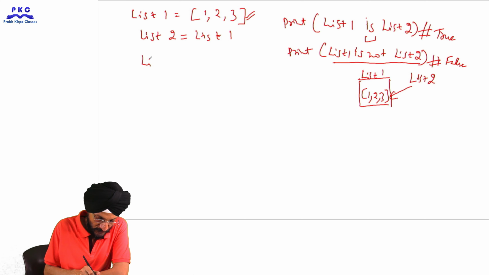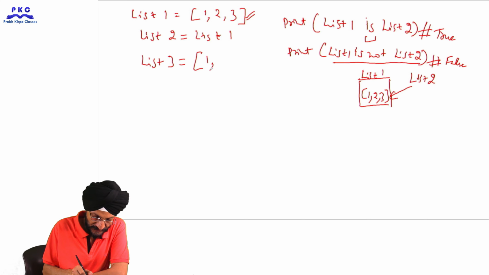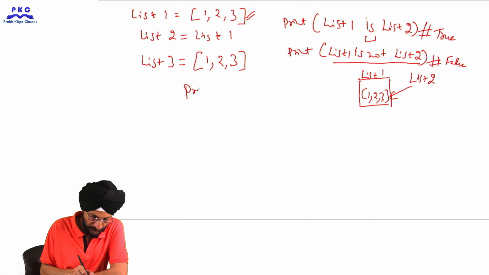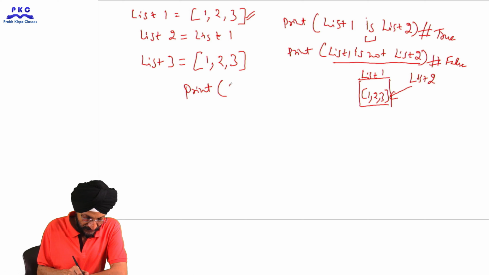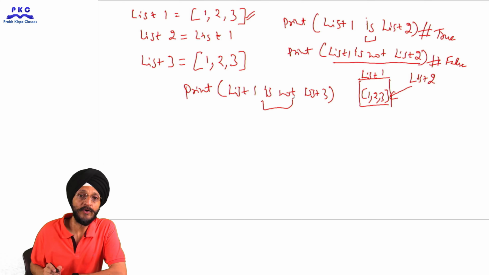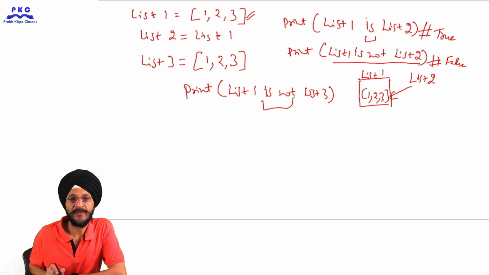Now we create another list, list 3, with the same information. Now we use the print function again and the is not operator. Now we will write print list 1 is not list 3.